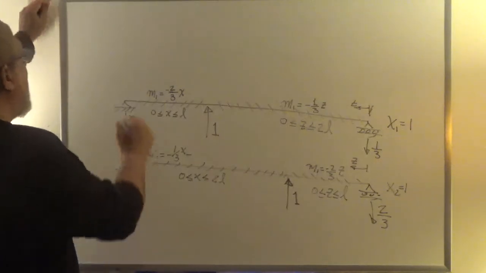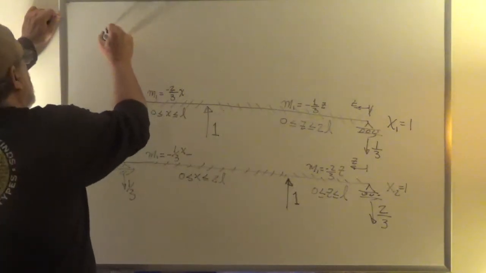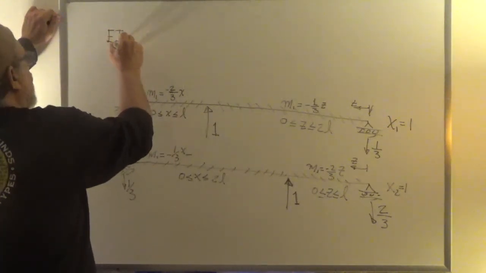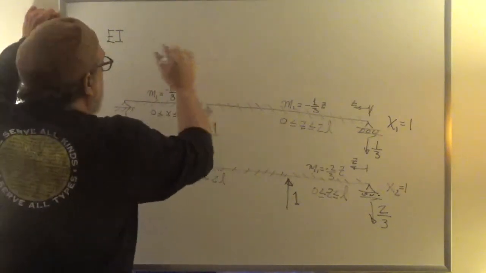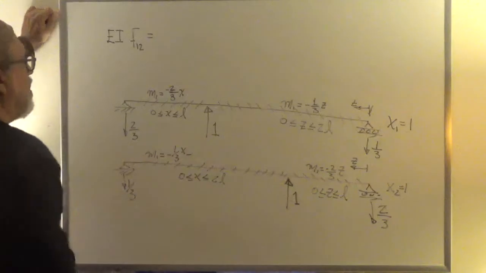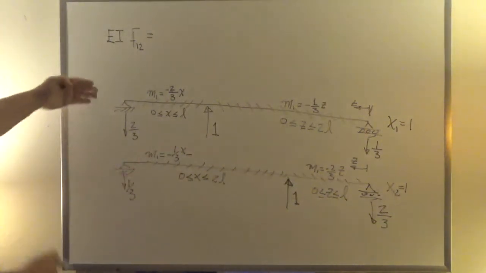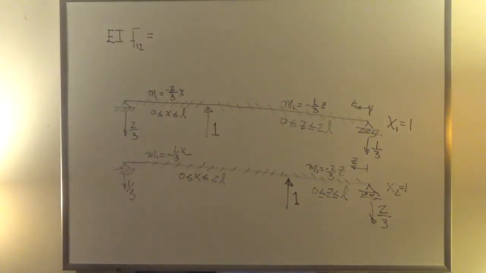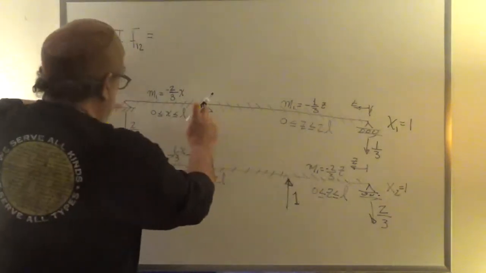But f12 might. So let's go and say we want to calculate f12. So instead of writing divided by EI, I'm going to put the EI on the left, and I want to see what f12 is. So it's sketch 1 times sketch 2, right? Or sketch 2 times sketch 1, same thing. So from 0 to L we have no problem.